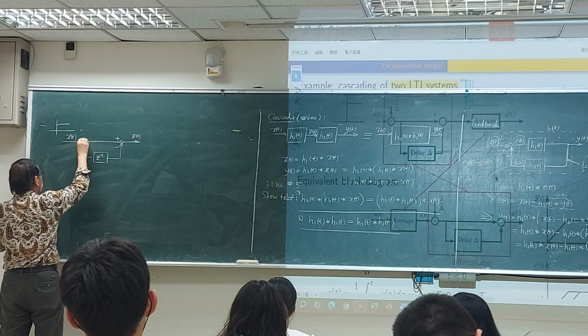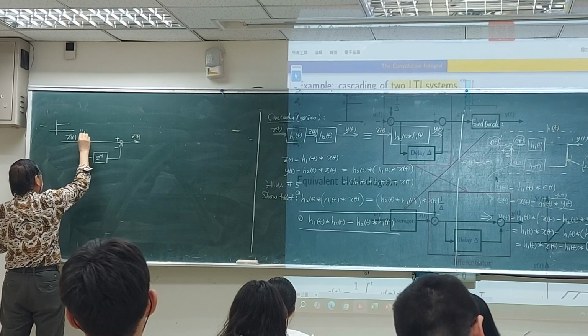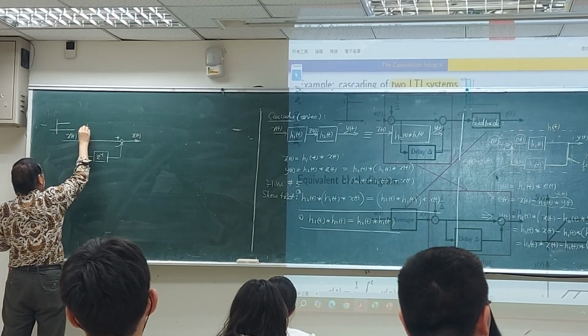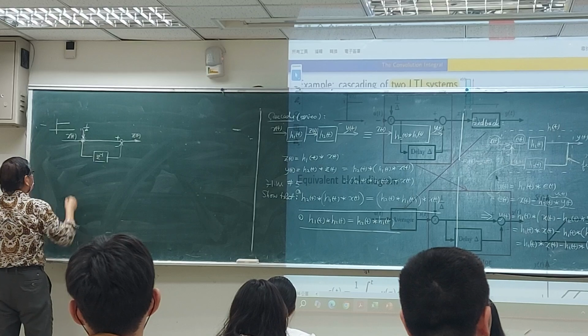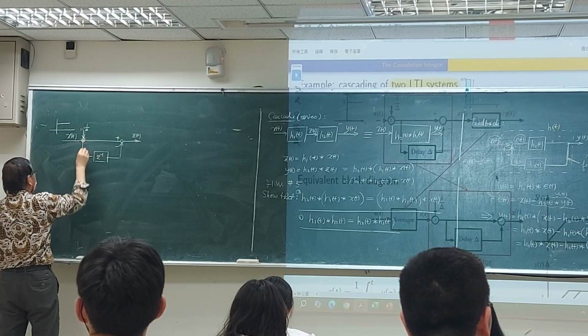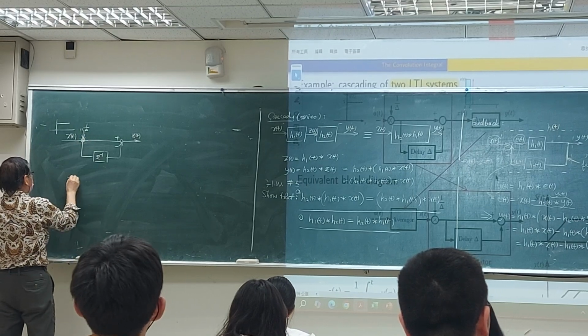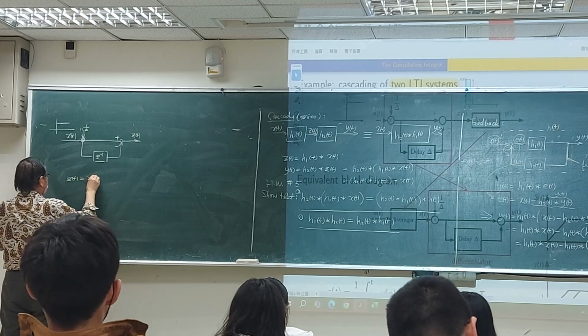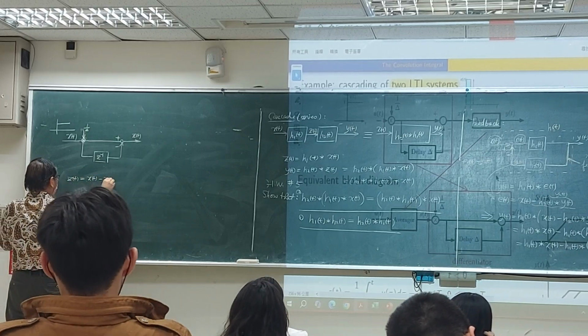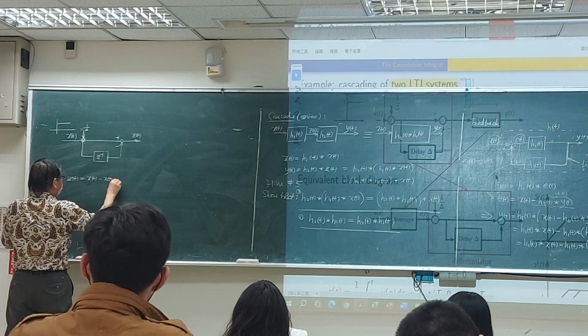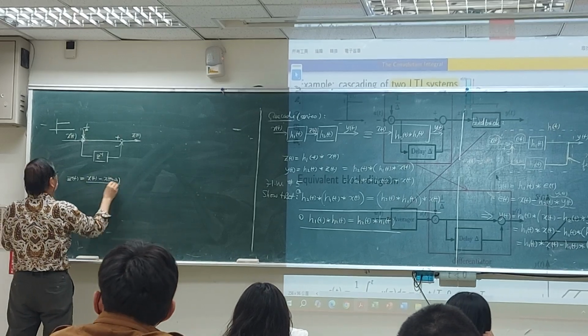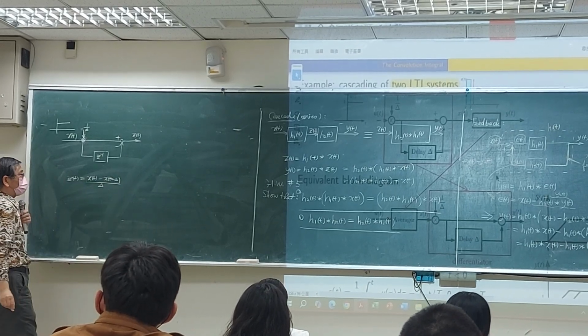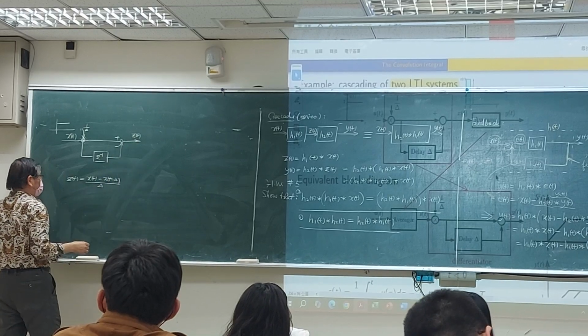By the way, there's a product here, times 1 over rho. So the output V of t is equal to X of t minus X of t minus one step delta, and then divided by delta. So this is the V of t.